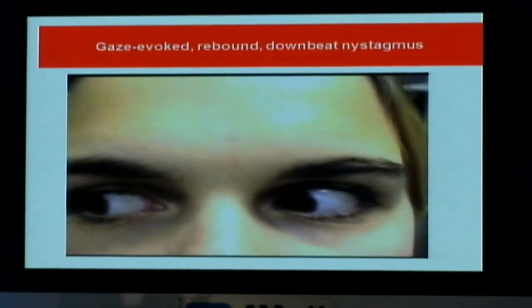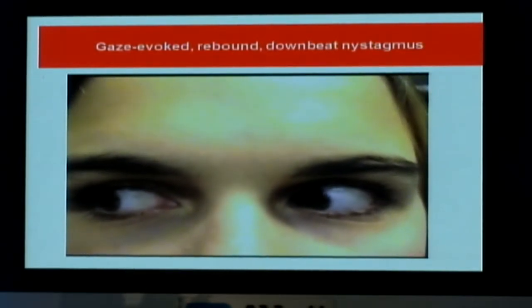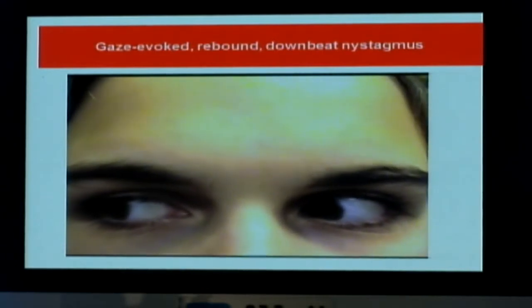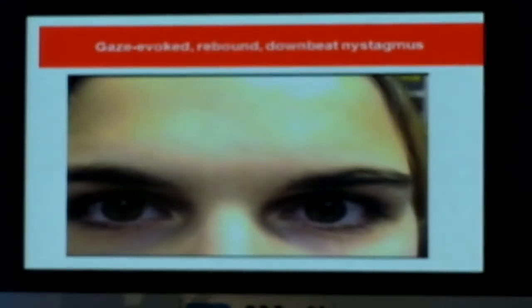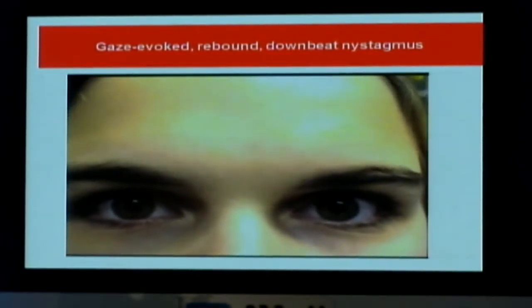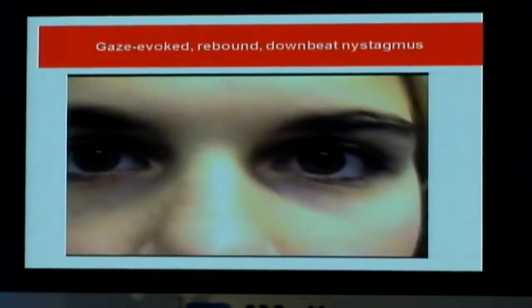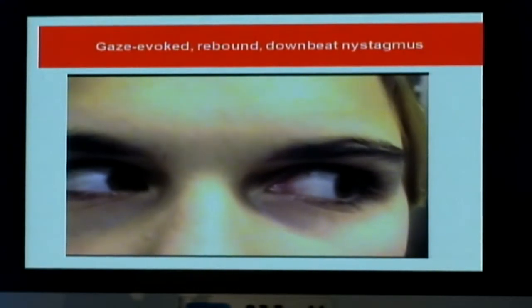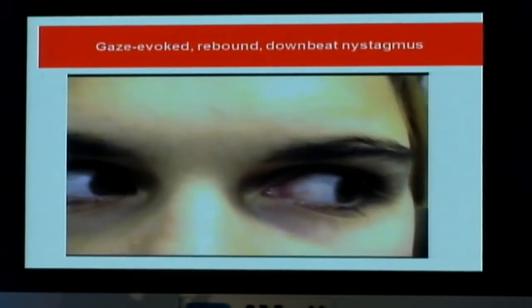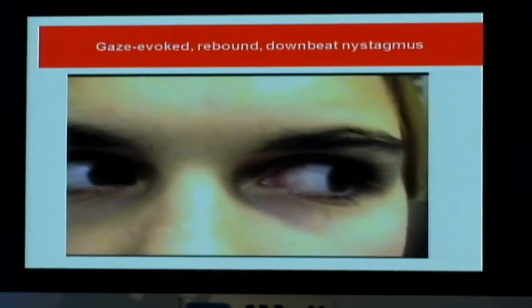Just keep your eyes over there. Now look at the camera. And a strong rebound nystagmus, with the slow phase in the direction in which she was looking. Now we'll go over the other side. Look at the left. Now look at the camera.